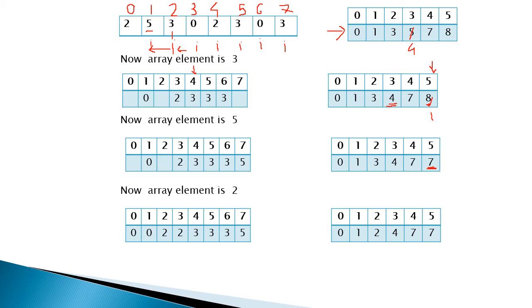Then store the 5 on the 7th index. What I am saying, store the 5 number on index 7 in our temporary array. Here we maintain one temporary array, na, that's why in the temporary array 5.